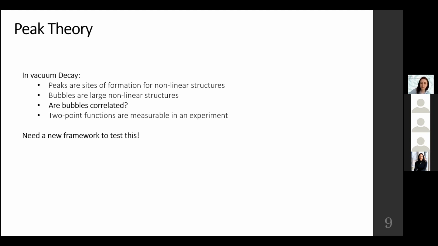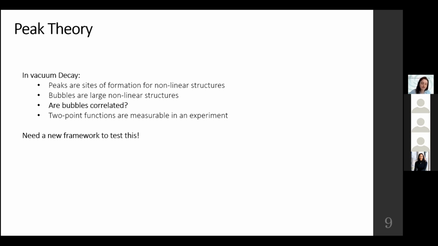Therefore, we would like to know whether bubbles themselves could be correlated, if they could hold the statistics of the underlying false vacuum initial state. And if that is indeed the case, then we could, in principle, measure this in a lab, in an experiment, and well, this would be very interesting.